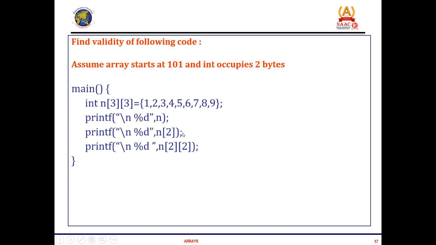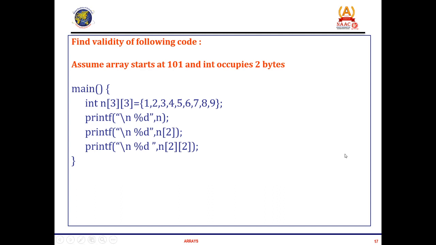And hence, there is a dimension mismatch between the declaration statement and the executable statement, and hence this will give you a syntax error. But my dear friends, let me tell you, you are studying one of the most beautiful, popular programming languages called C. C allows you to have these types of things, and that is the beauty of C.